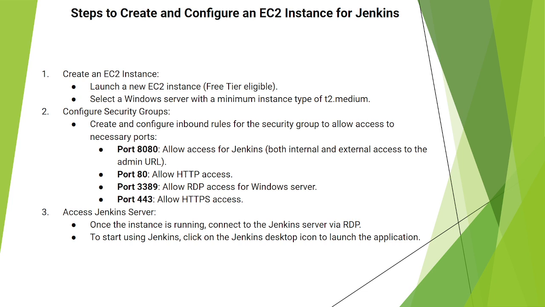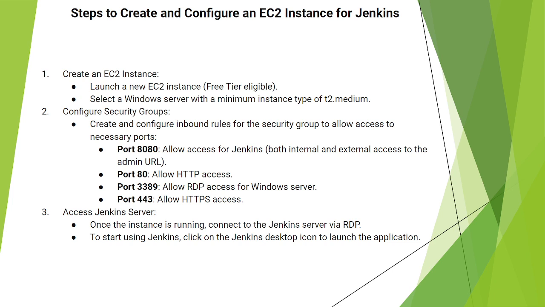You need to launch a new EC2 instance, free tier. If you have logged into AWS, you can easily configure and create a Windows EC2 instance there. Then you can select the Windows server with a minimum instance type of T2 medium.